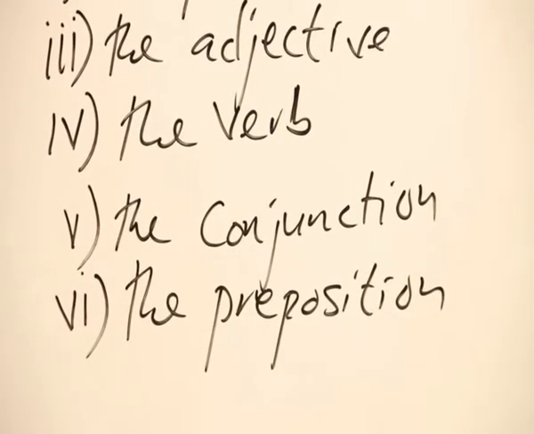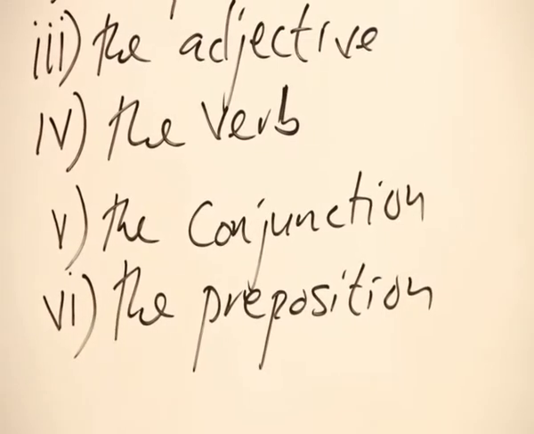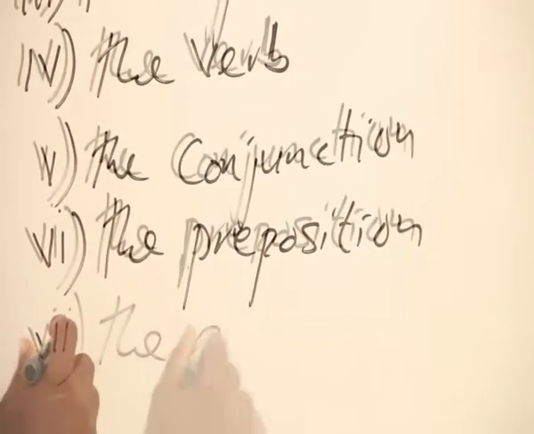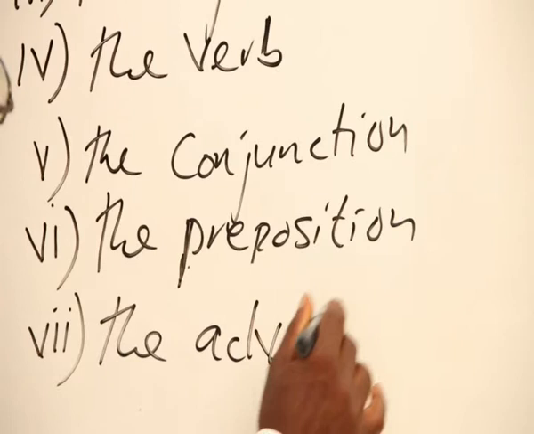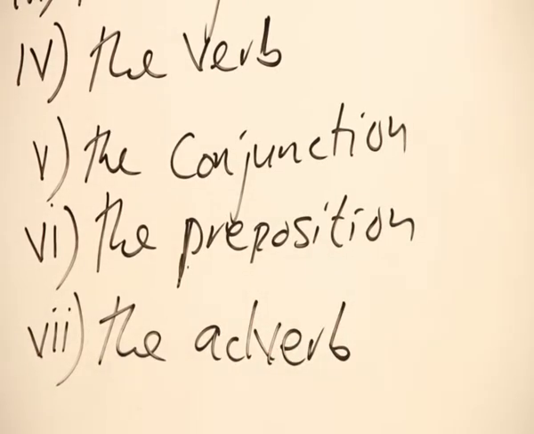Then another word that we have is the adverb. The adverb is an important word. Now, the adverb is defined as a word that modifies or describes or qualifies a verb. It can also describe an adjective.